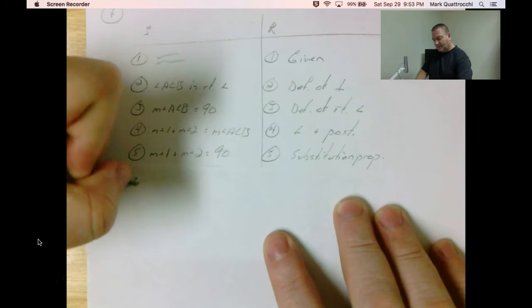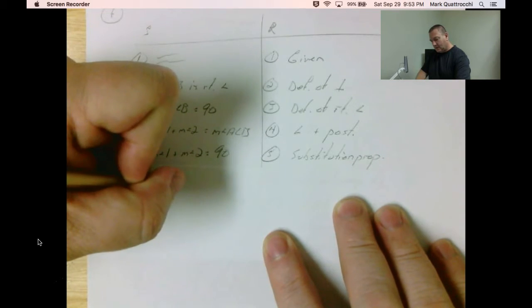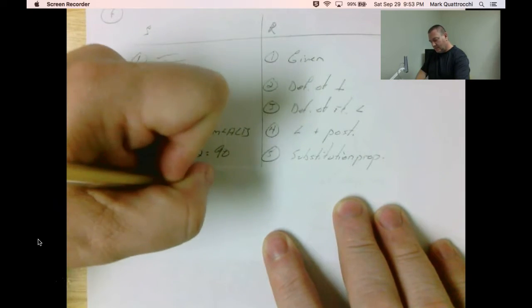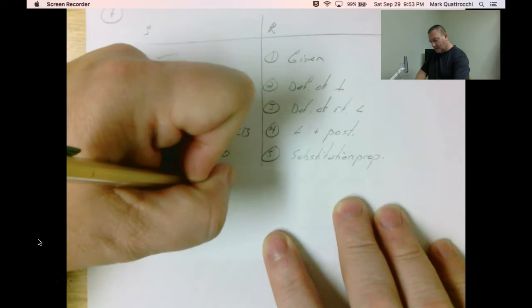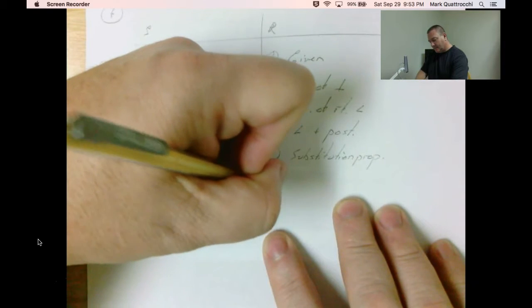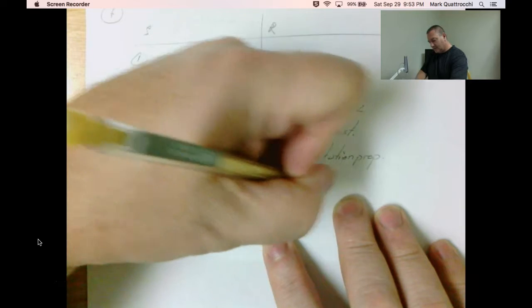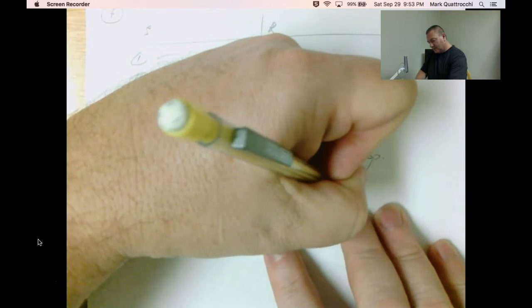So statement 6, angle 1 and angle 2 are complements. Definition of complementary angles.